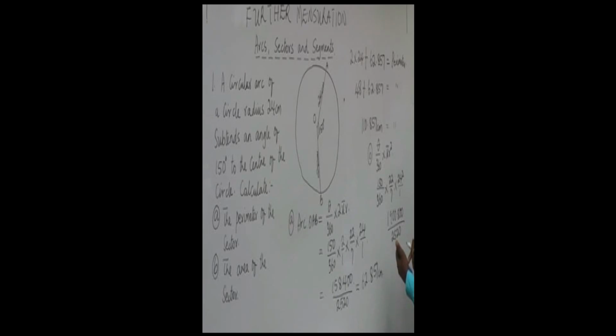Now divide out 19,008,000 by 2520, which is giving me 754.286 centimeters squared. This answer, I rounded to 3 decimal places, and that has brought us to the end of that question.